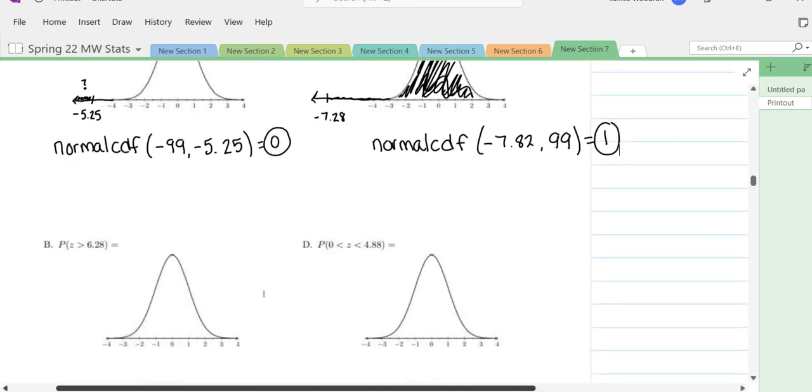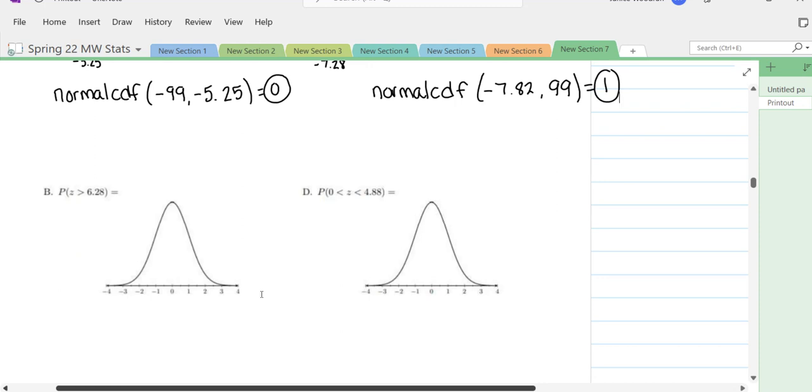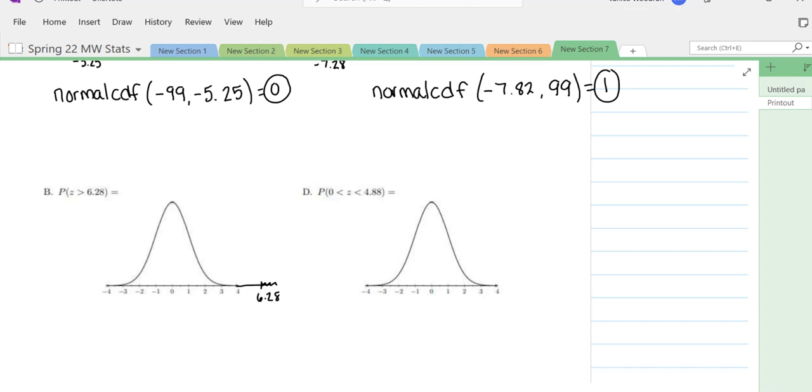All right, and then the probability that z is greater than 6.28. Greater than is going to the right. So what do we suppose that one is? That one's probably going to be 0. We're going to the right.